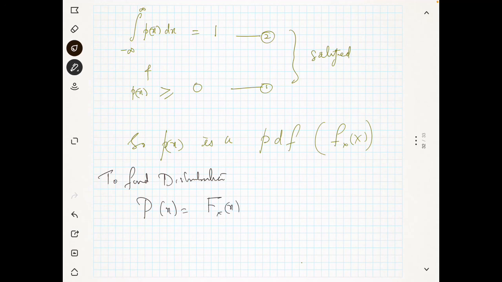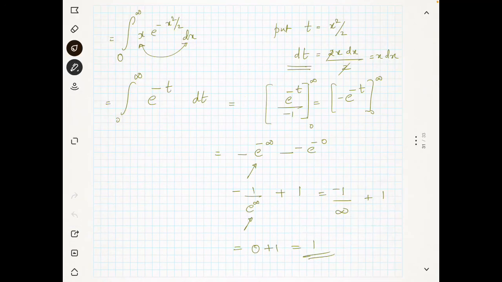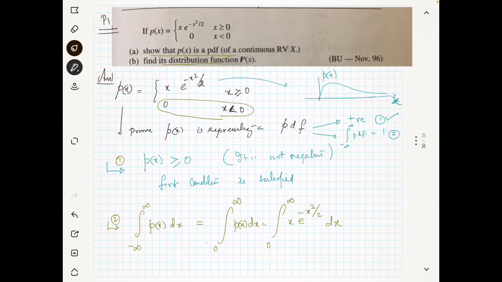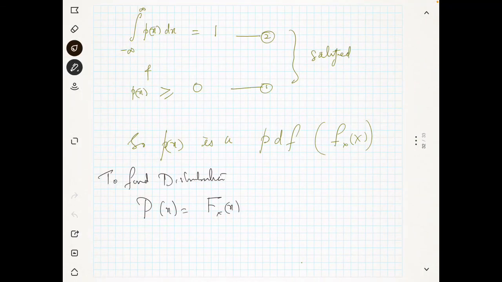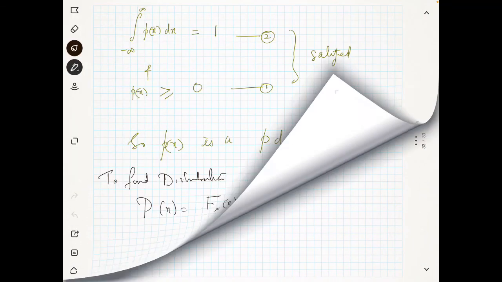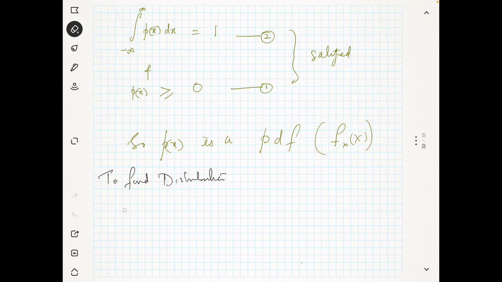I will use the notation fx, that is better. So it is fx of x.